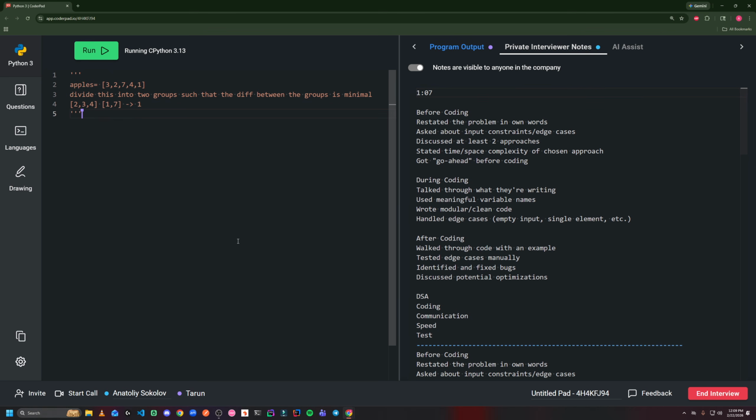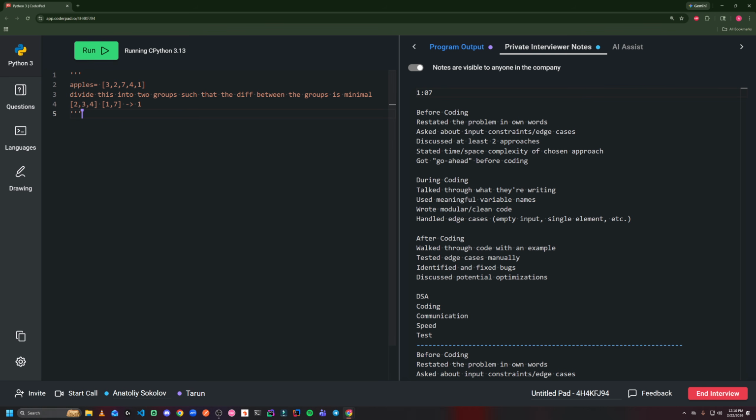Yeah, sure. So basically the question is we are given an array of apples and we need to divide the main array such that the difference between the two sub arrays should be minimized. Yes. And what should be the length of each sub array? I don't think that's relevant to the question. They can be whatever you want. If I have a big number and all the rest add up to the other one, then it can be whatever you want. We're just trying to minimize the difference.